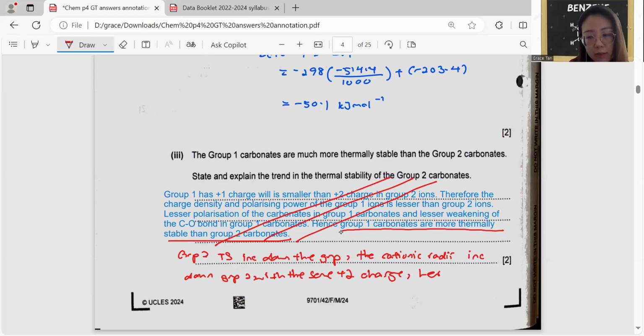Hence, charge density of group 2 ions decreases.